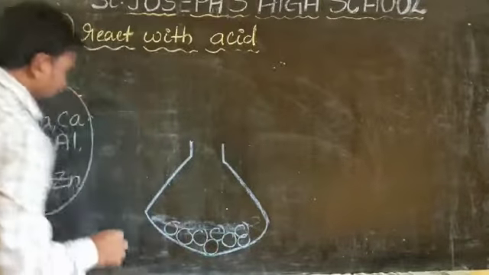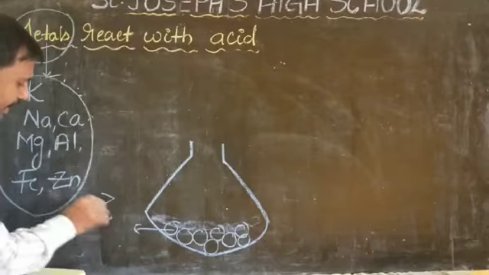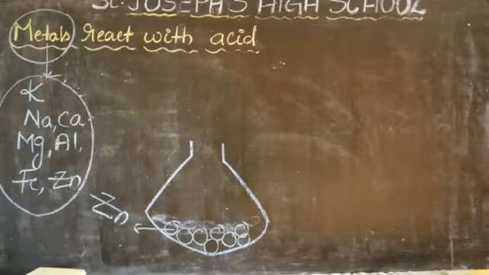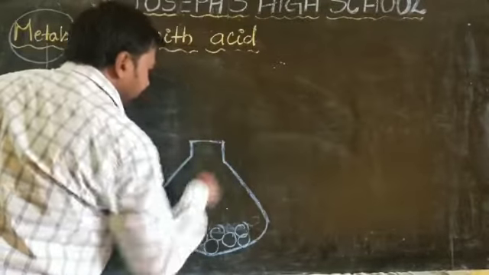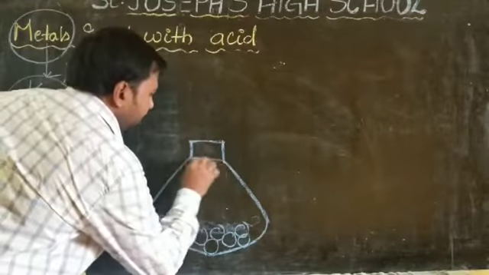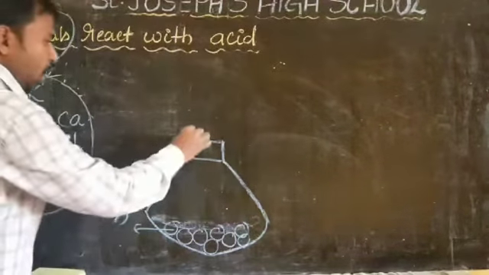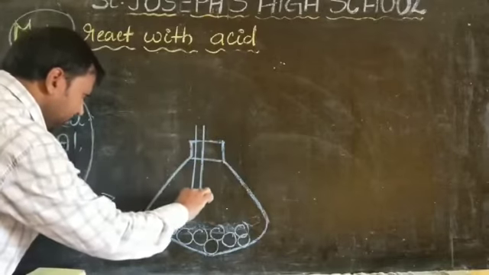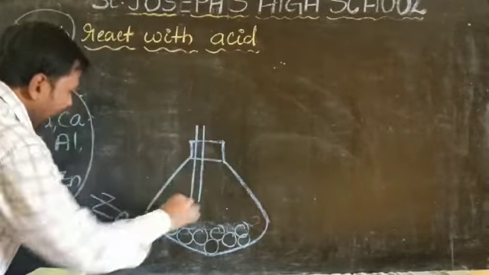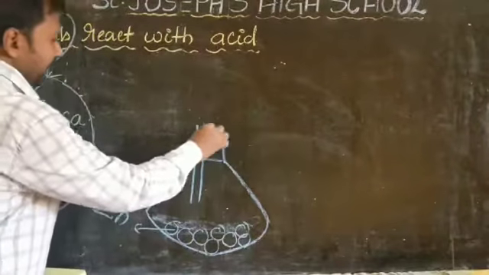Zinc granules means what? Zinc is a what? Metal. Take some zinc granules, zinc pieces, and close the conical flask with the rubber cork. How many holes? This rubber cork has to have 2 holes. Close the conical flask with a 2-hole rubber cork.